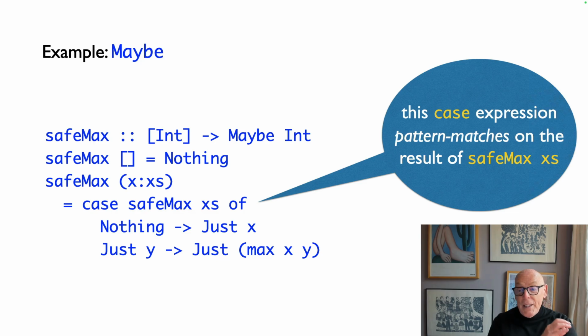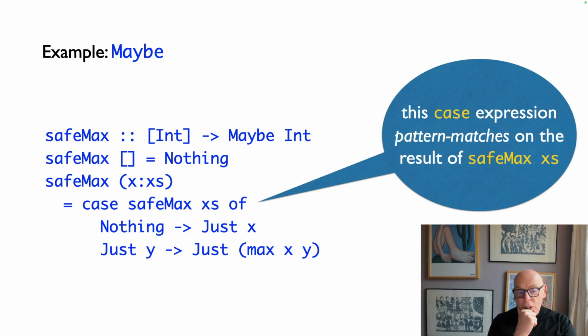And so what we write here is a case expression that pattern matches on the result of safe max. When you write case expression of, it evaluates the expression and does a pattern match on the result. So this calls safe max and says, if the answer is Nothing, that is, xs is the empty list, then the maximum of the whole thing must be Just x.